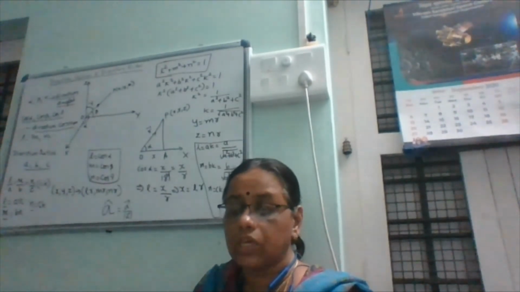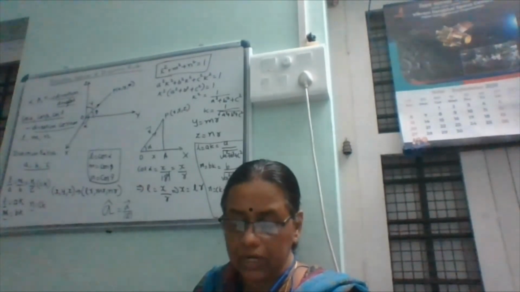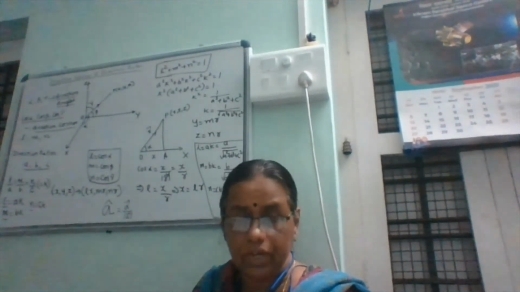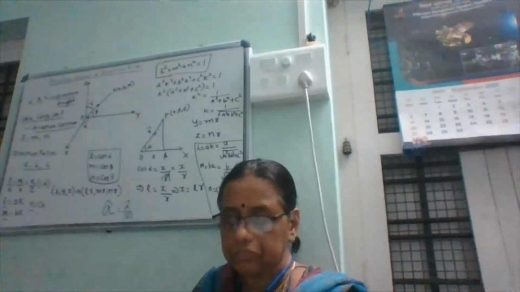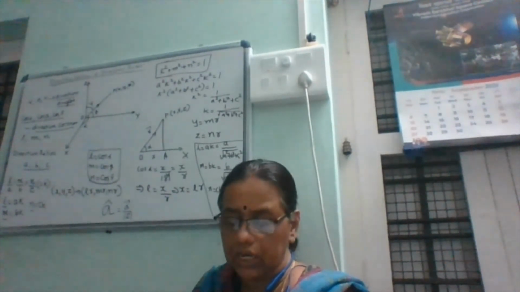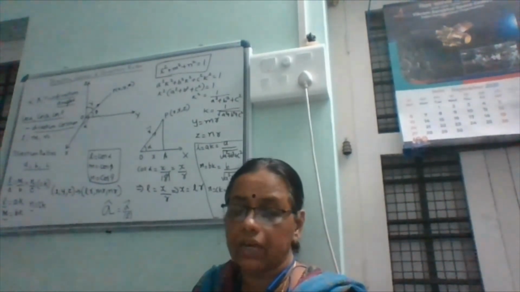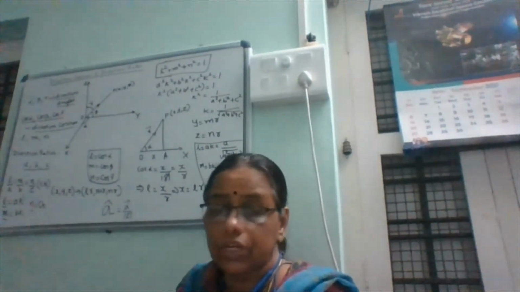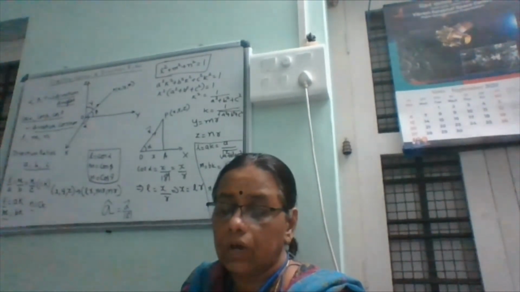Let vector OP and vector OQ be the position vectors of the points P and Q. Using the triangle law of vectors in triangle OPQ, we get vector OQ equal to vector OP plus vector PQ.